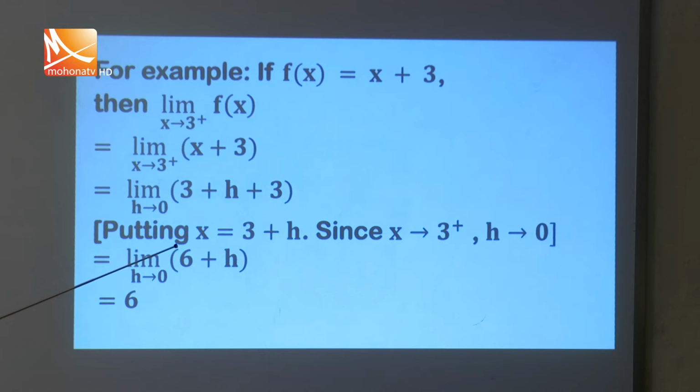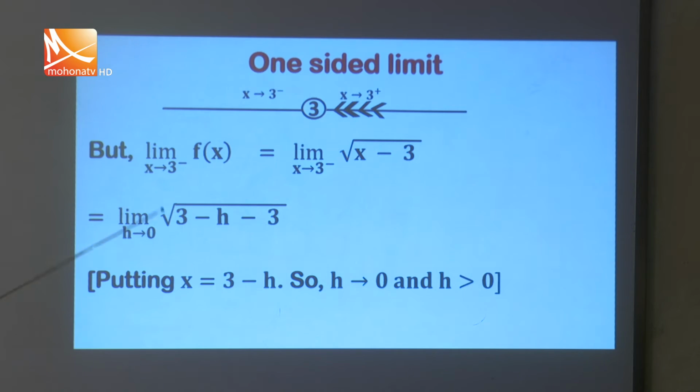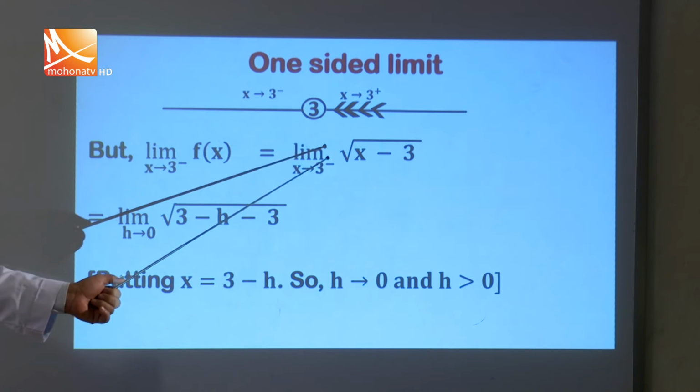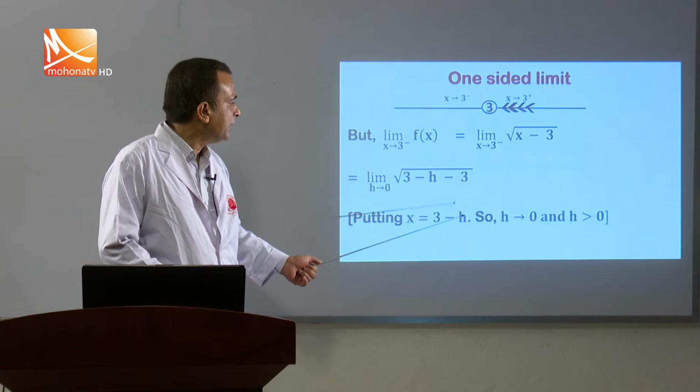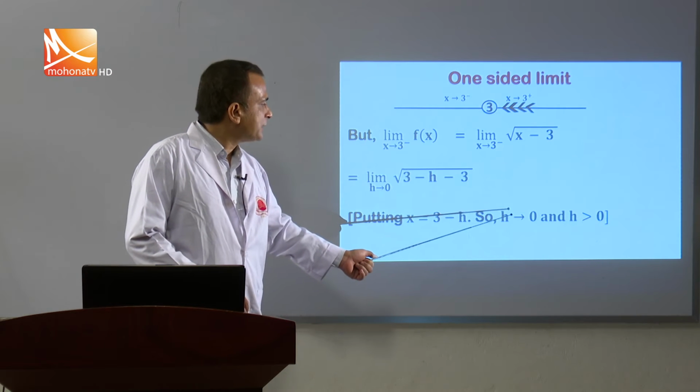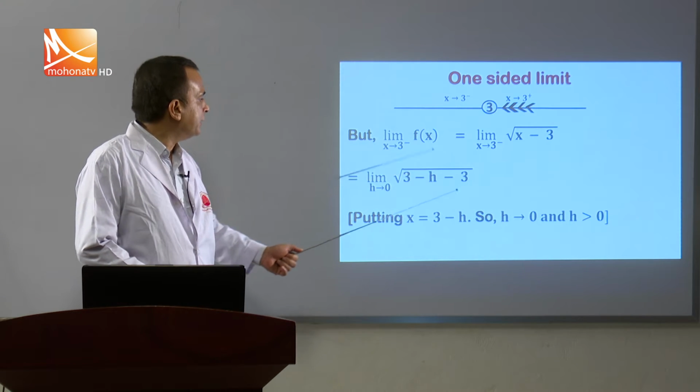Now we would like to see limit x tends to 3 minus. In this case, f of x equals square root of x minus 3 as x tends to 3 minus. If we put again as before x equals 3 minus h, since x tends to 3 minus, h tends to 0 where h is greater than 0.